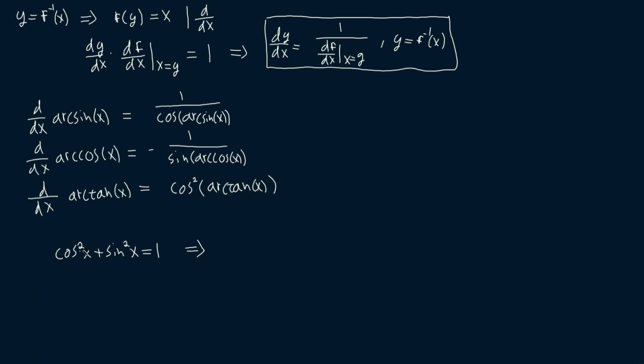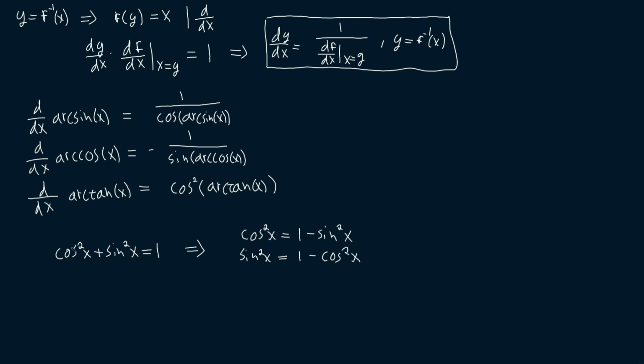We can take the sine squared of x to the right hand side to get that cosine squared of x is equal to 1 minus sine squared of x. We could take cosine squared of x to the right hand side to get that sine squared of x is equal to 1 minus cosine squared of x.